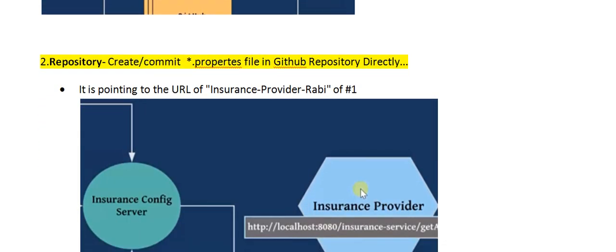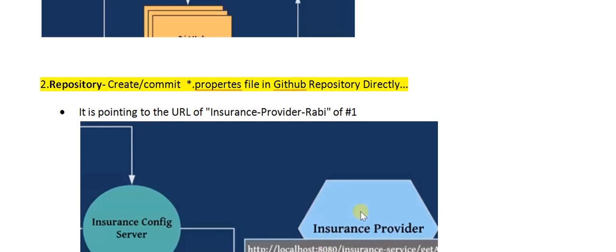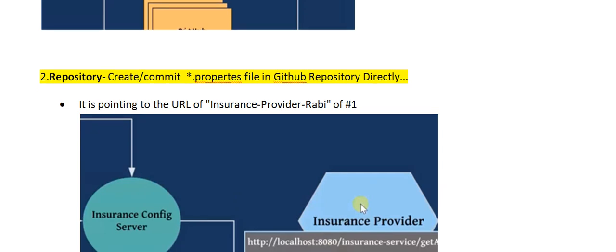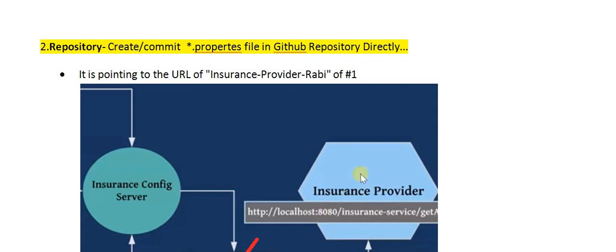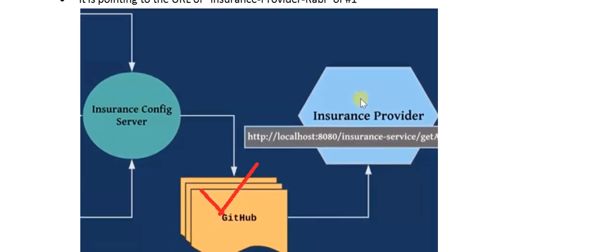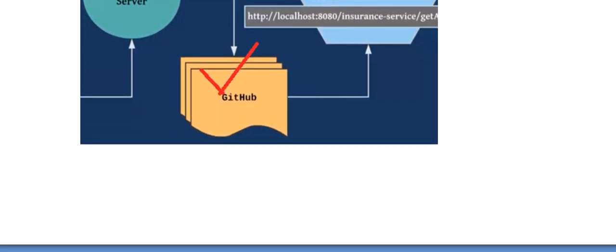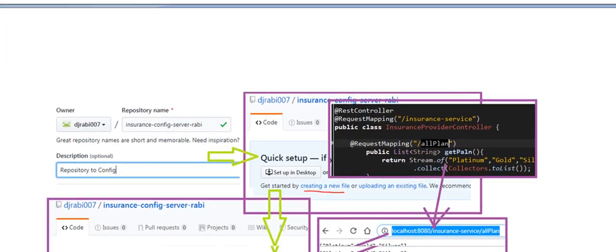Now I'm going to create the repository which will maintain the properties file. This properties file has the URL of the REST service which has been exposed, as a key value pair, and the client which is using it, I have to mention here. In GitHub itself, I have to create the repository.